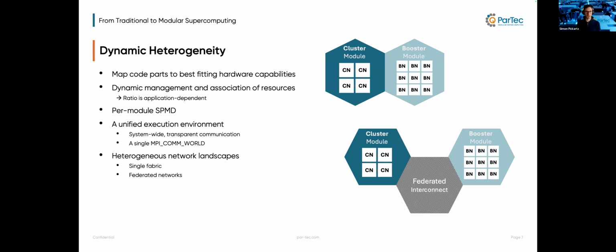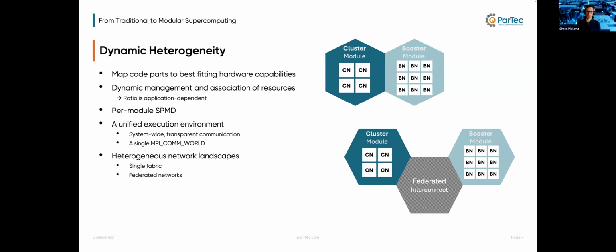Back then we started, first of all, with the so-called cluster booster concept, which means that we have a cluster module, which more or less represents what we had back then when there were no accelerator resources yet available, and a booster module, which was specially intended for running the, let's say, scaling code parts of large-scale simulations, usually benefiting from accelerator devices like GPUs.